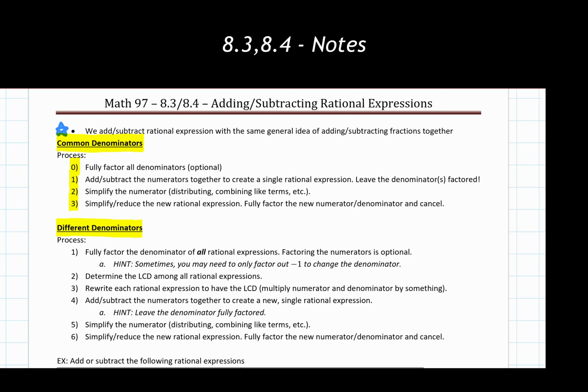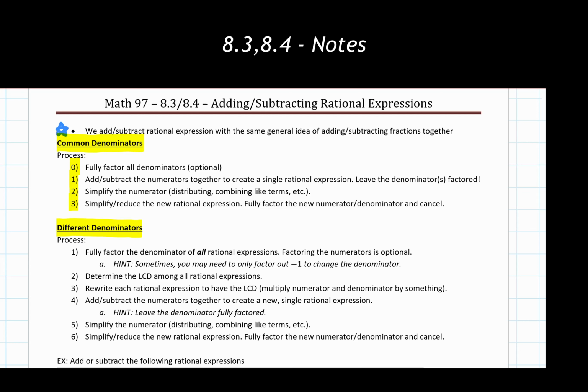The last thing we need to do, which is kind of going back to what we did in 8.1, is simplify or reduce this new rational expression down. The way we do that is we need to fully factor the numerator and the denominator and then cancel things out accordingly.